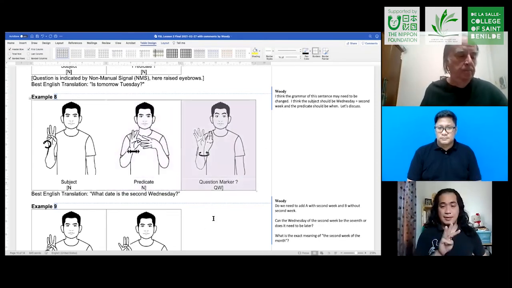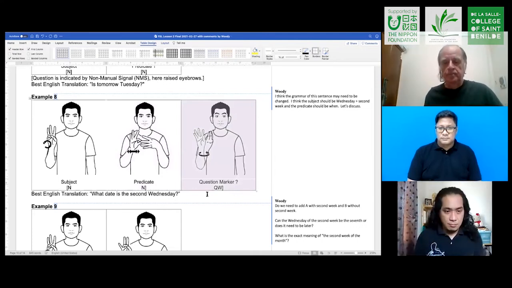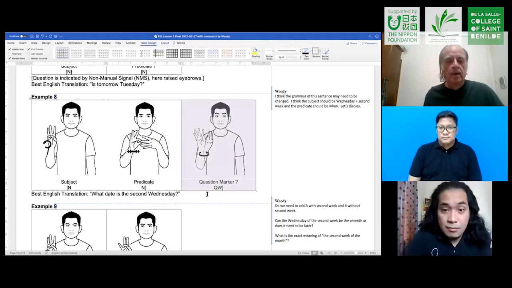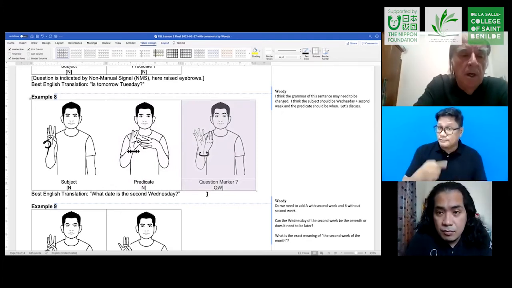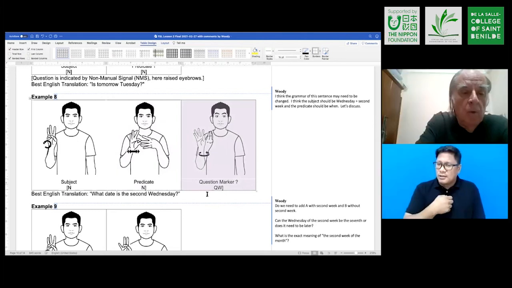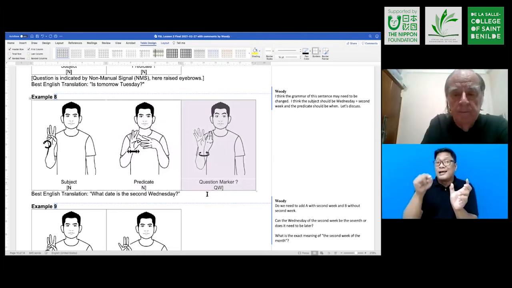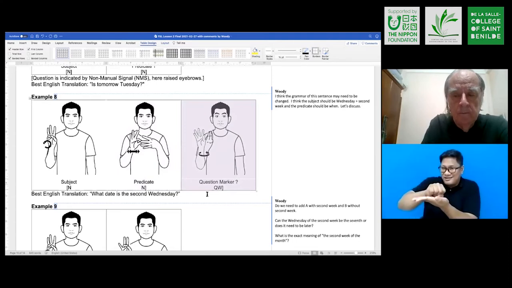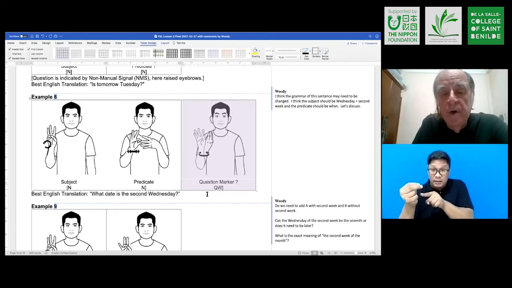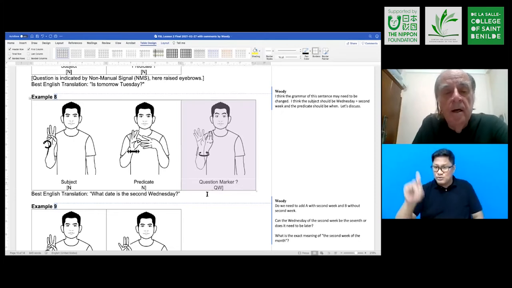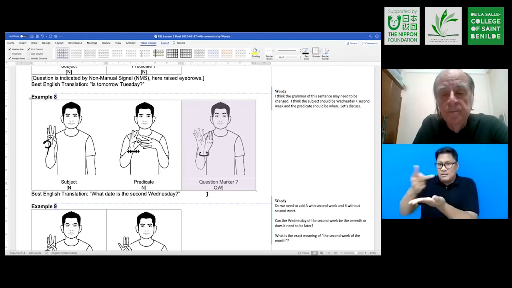One moment. Check. There we go. Right now, good. For Wednesday, second week, that all is the subject. And then when, take out the English question marker and then add predicate question.